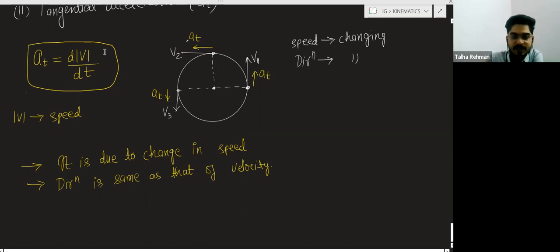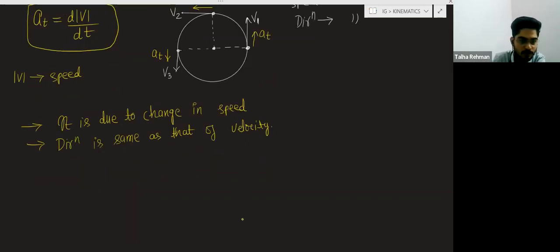Now suppose the body is moving with constant speed.